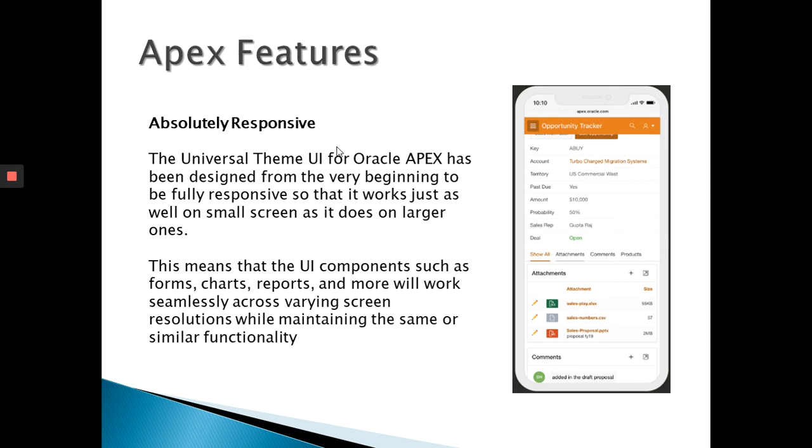These are called responsive themes. Nowadays the themes coming in Oracle Apex are very responsive, so the same theme and the same application can be built for both desktop and mobile. So these are some of the introduction and features of Oracle Apex.